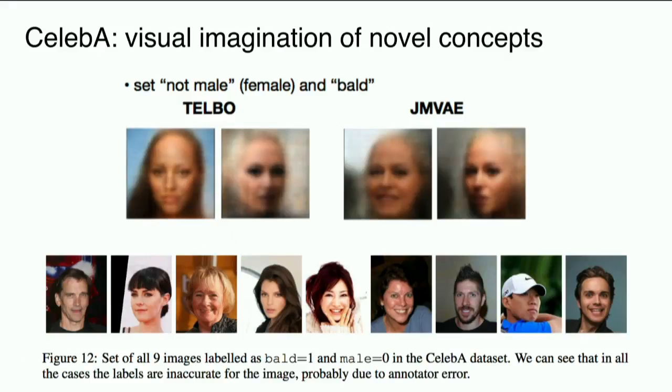And then finally, this is the novel generation thing. We give it a query it's never seen before. We say, generate a bald female, and this is what we get. It's a little scary, these images. This is what the rival method gets. And if we look at the training data, I have to remind myself what this is all about.